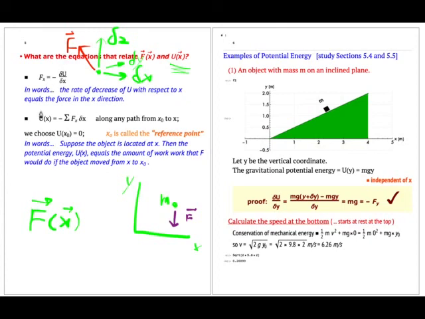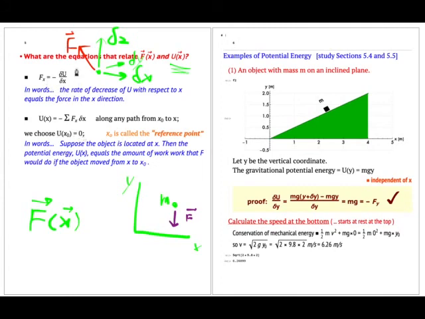Now, there's another way of writing this. U at a point x is the negative of the sum of f delta x along any path from x0 to x. So we choose some point x0 to call the reference point. That's the point where the potential energy is 0.